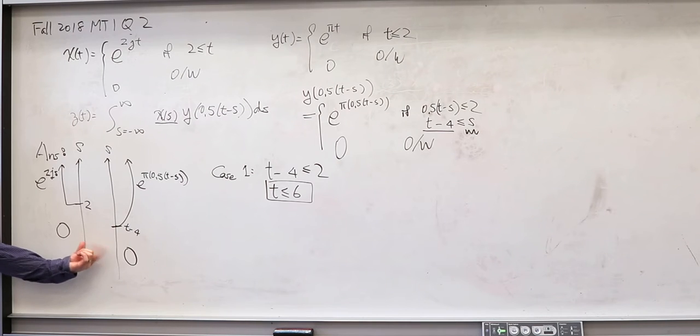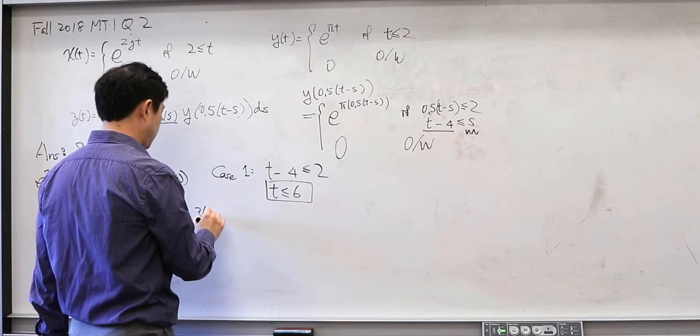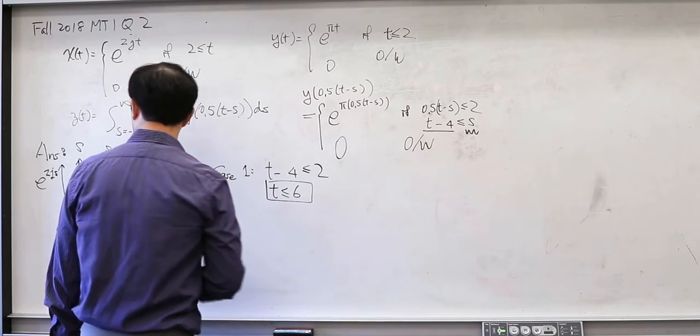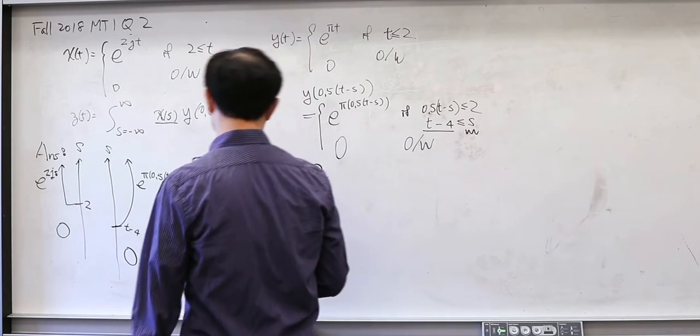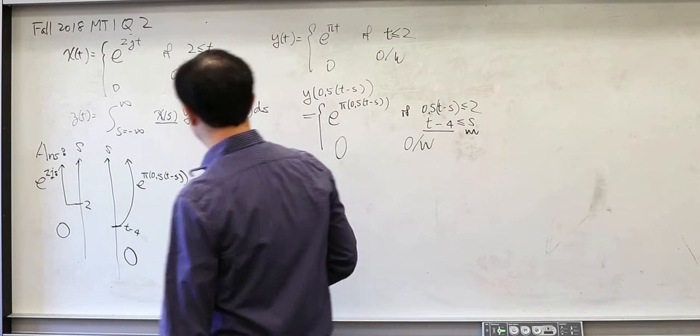We are taking the product of everything. So therefore my v of t will be what? Integration from where to where? 2 to infinity. Very good. You got the right idea.